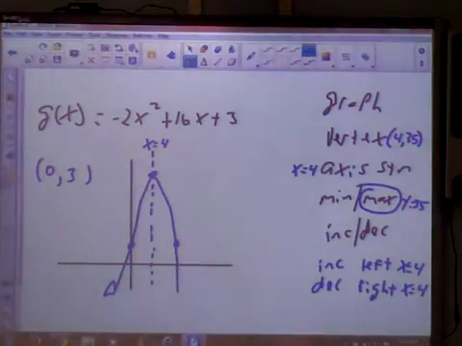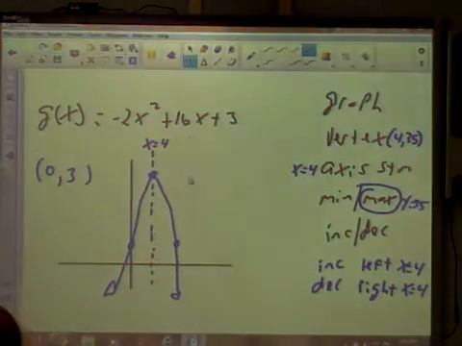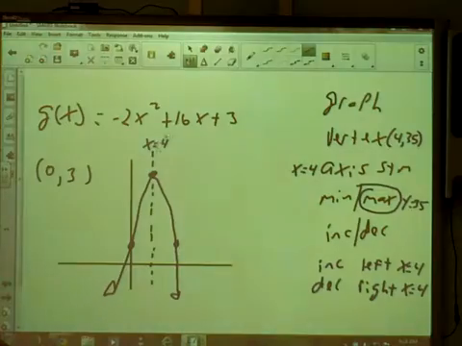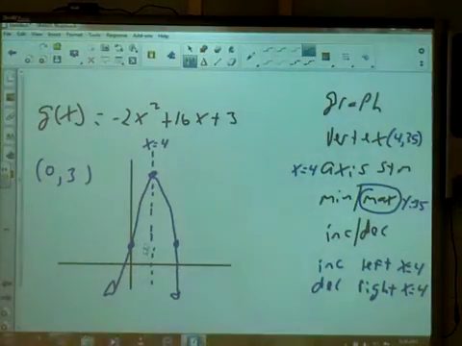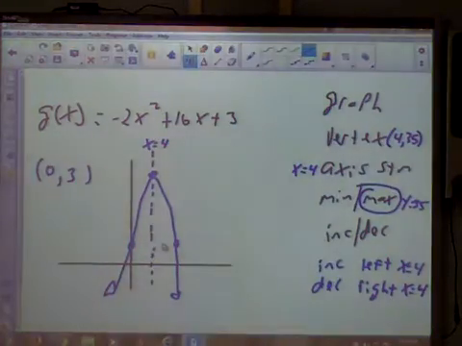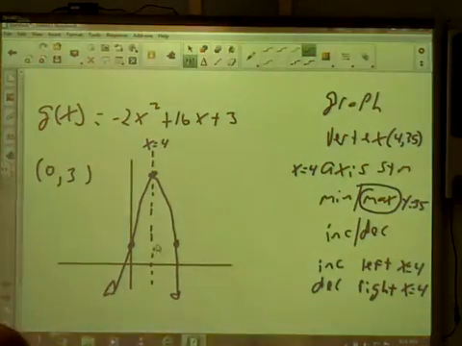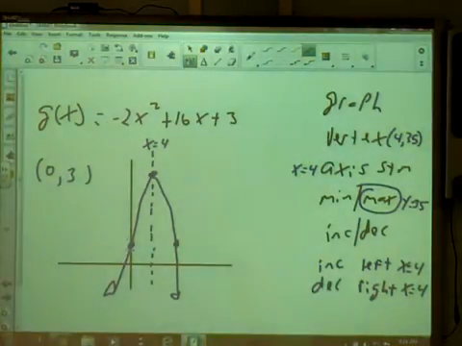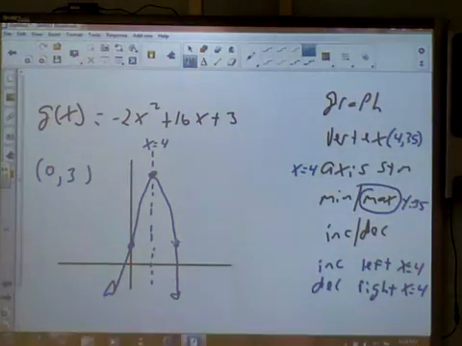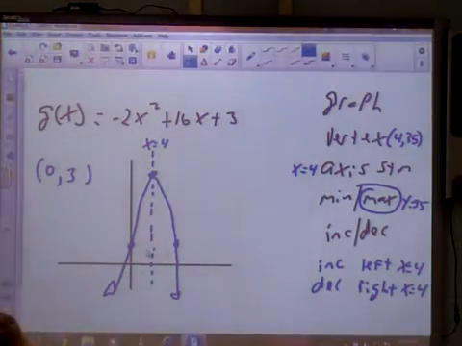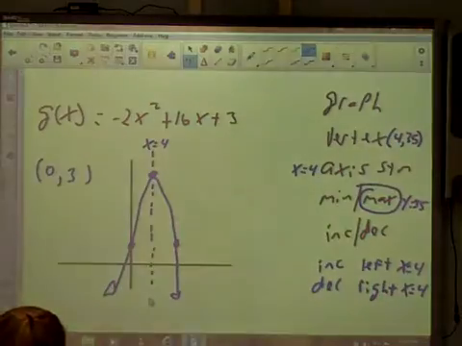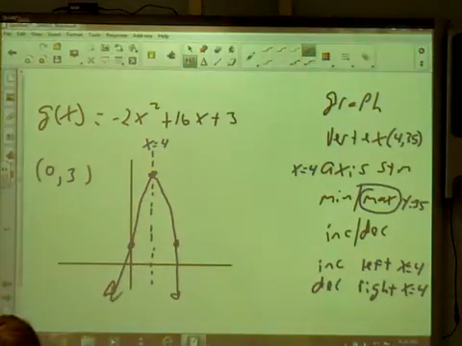What Kylie's talking about, since our vertex was at 4, she stayed real close to that. She plugged a 3 in and then saw how high that would be, and the 5 would be its mirror image. So where I've got 0 and 8, she would have 3 and 5. So it still works the same deal.